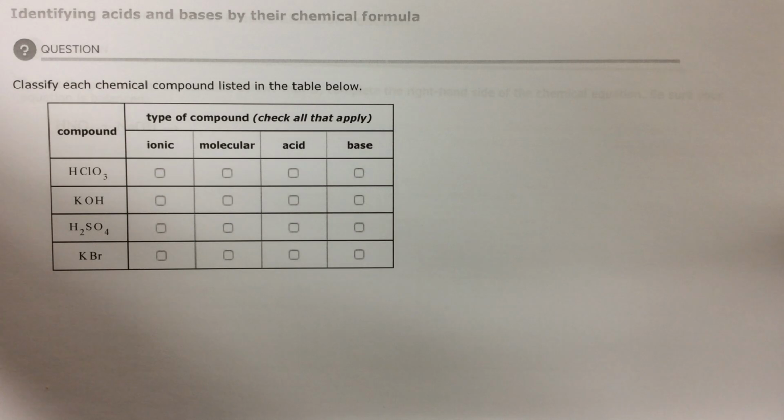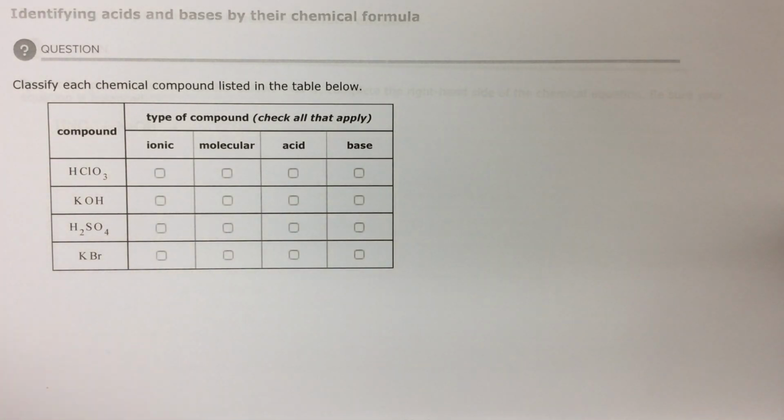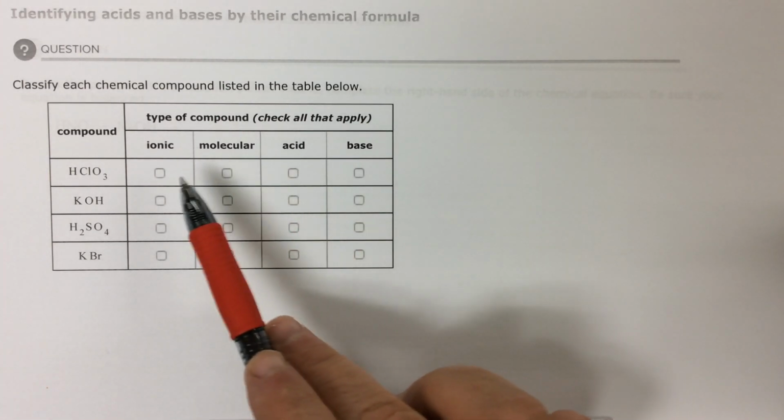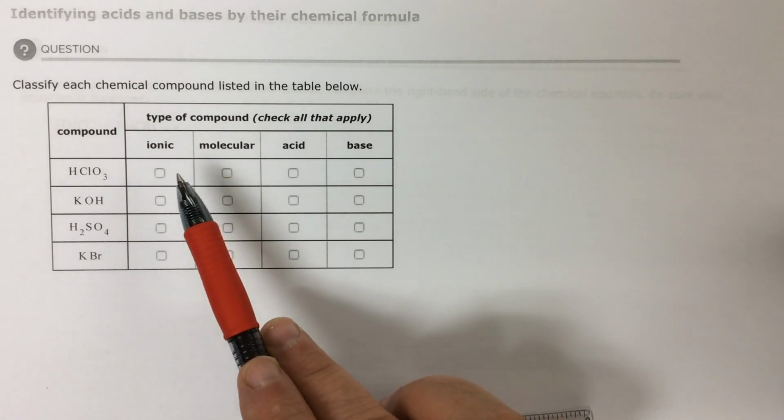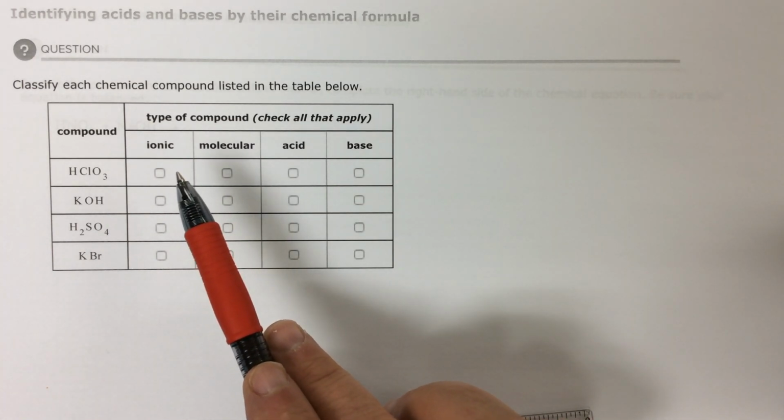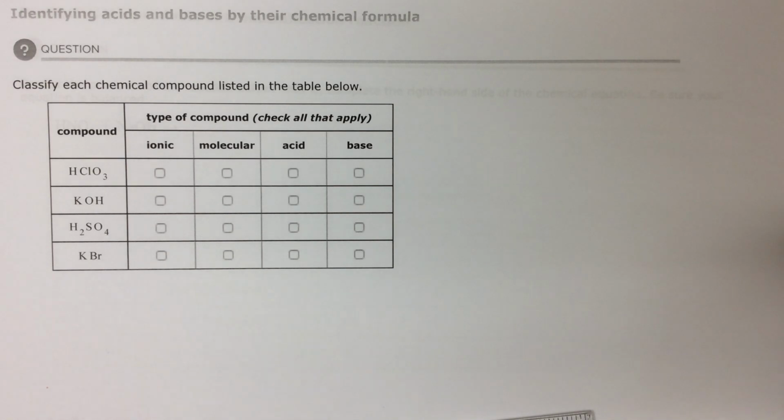So the chemical formula will sometimes give you a lot of information that you could use to make a determination of whether something's an acid or a base. If you remember, you're looking many times for ionic or molecular compounds. You have ionic bonds whenever you have something that's a metal joining with a nonmetal.